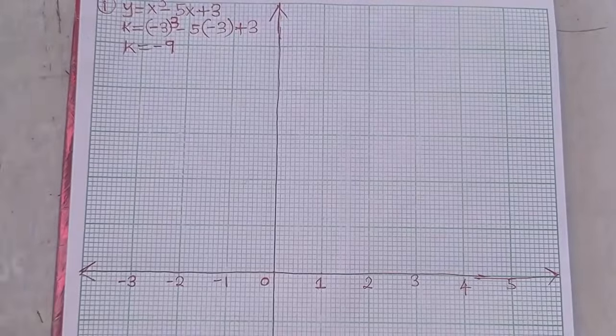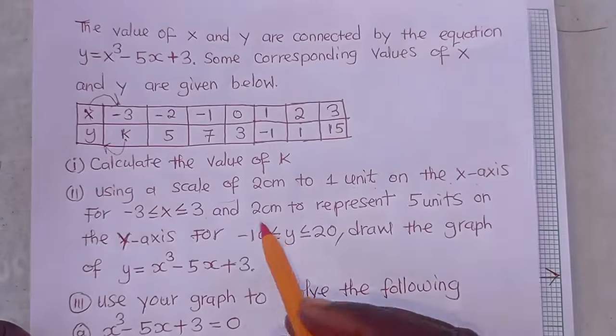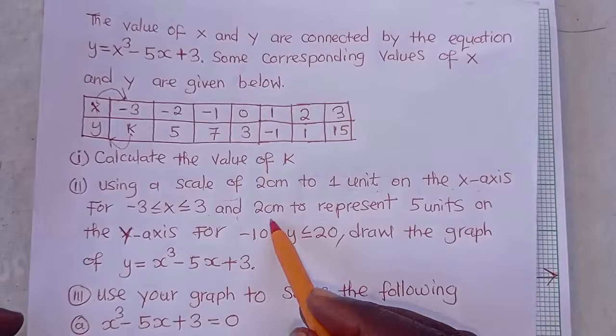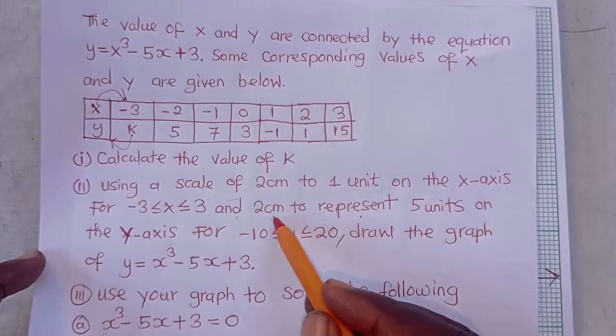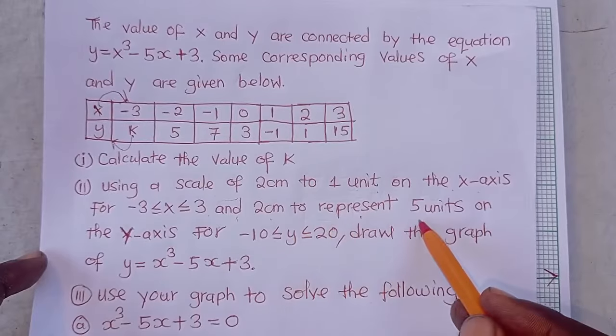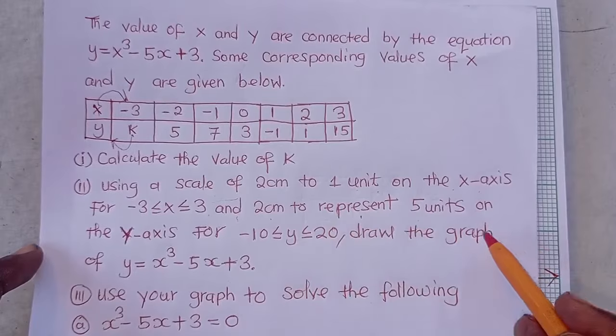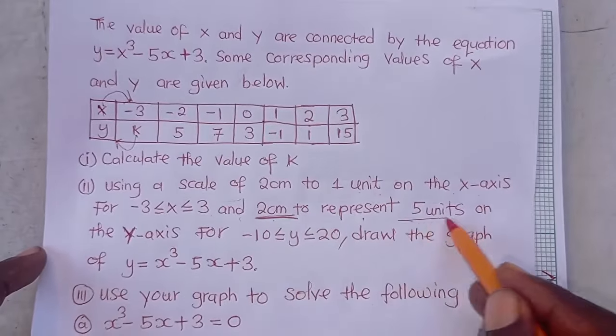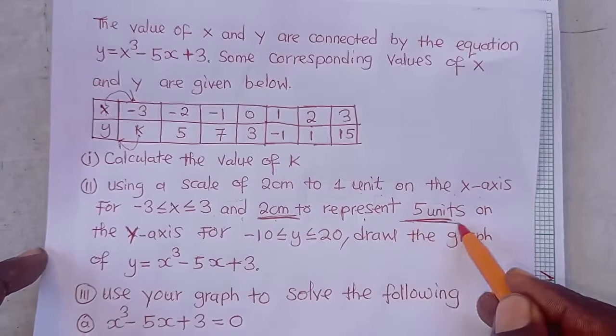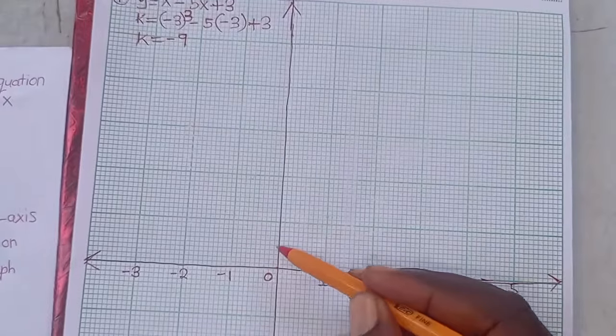I proceed. I now go to this other one, 2 centimeters to represent 5 units on the y-axis. So what am I going to do? 2 centimeters is representing 5 units. So 2 centimeters, it is from here to there.